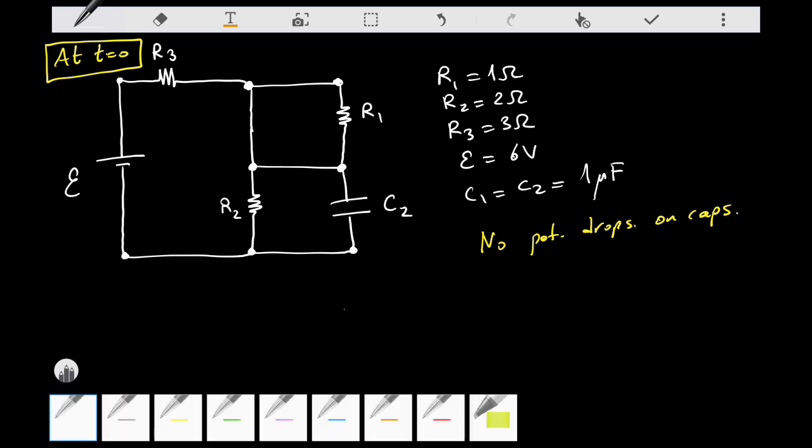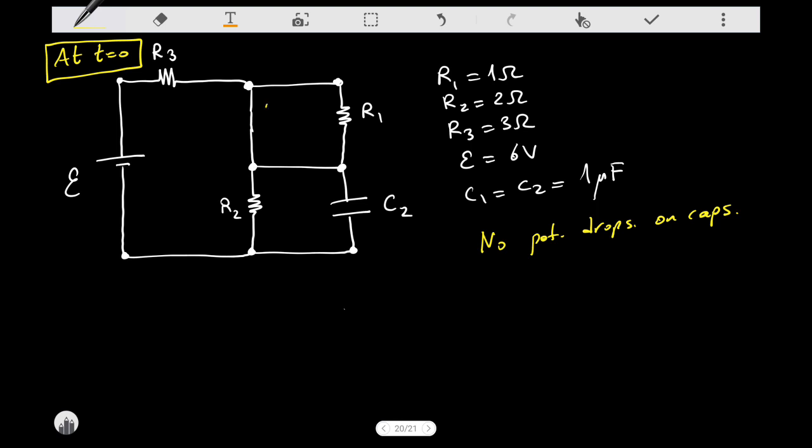In that case too, the current that passes in here basically continues to the other side unaffected, and there's no potential difference in here. So replacing the capacitor with a wire has the same effect on the rest of the circuit as an empty capacitor in here. So as a result, if the capacitors are empty, there are no potential drops on the capacitors.